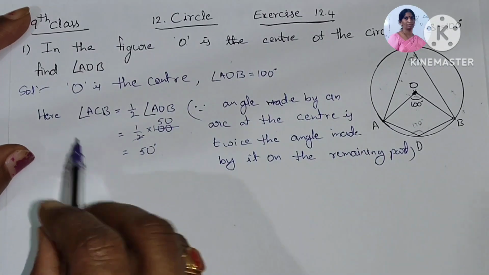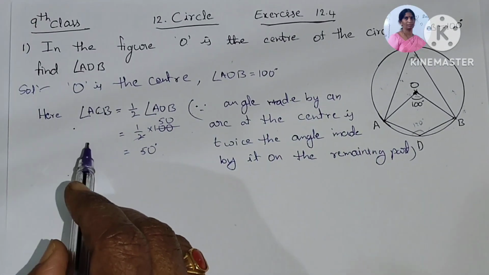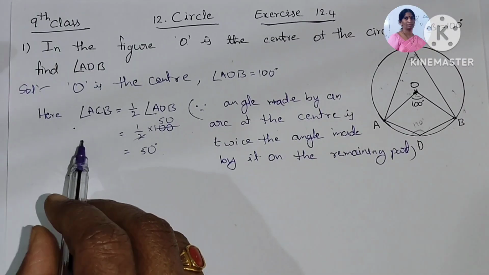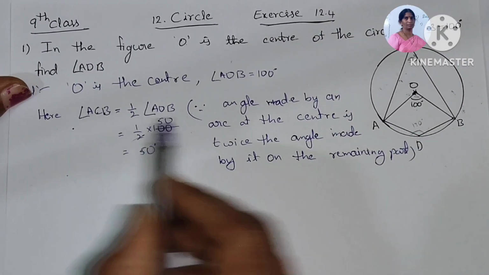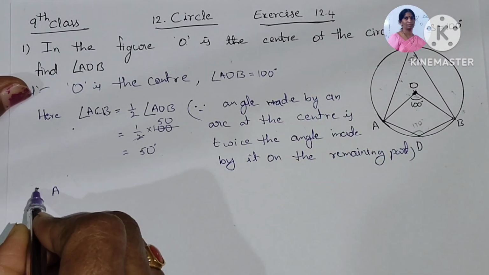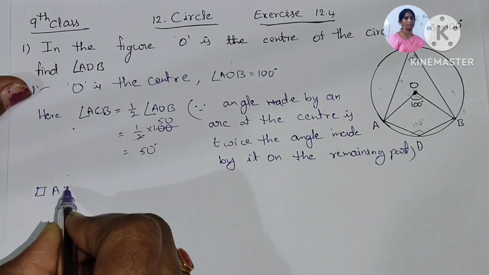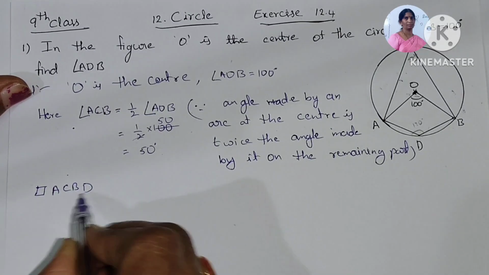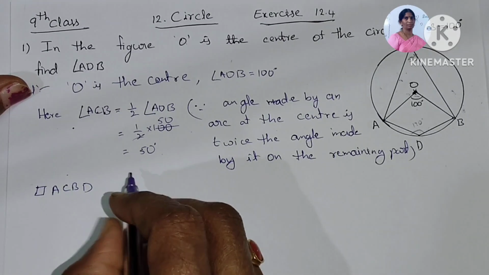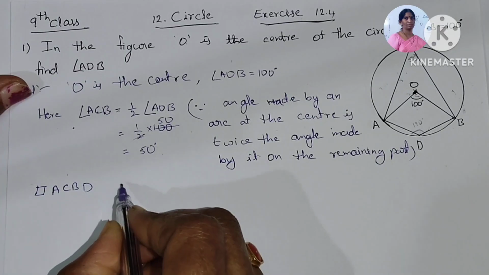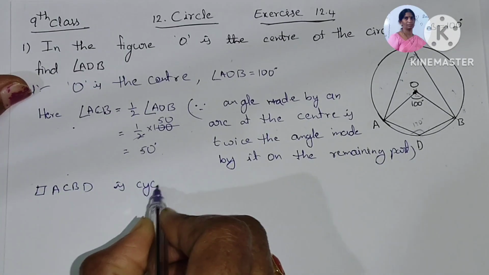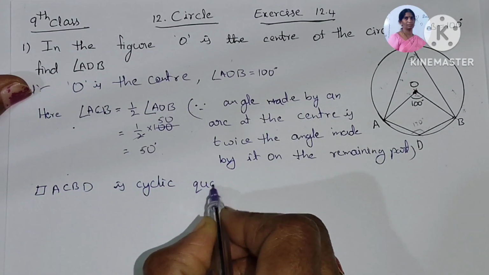So here AOB is the angle at the center. Here quadrilateral ACBD is a cyclic quadrilateral.